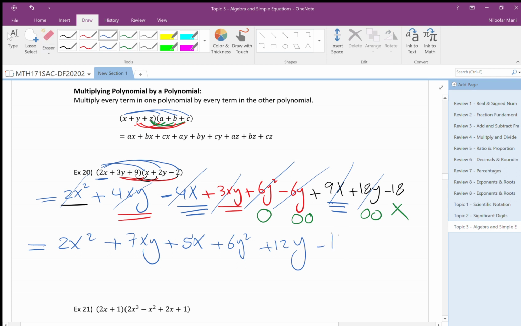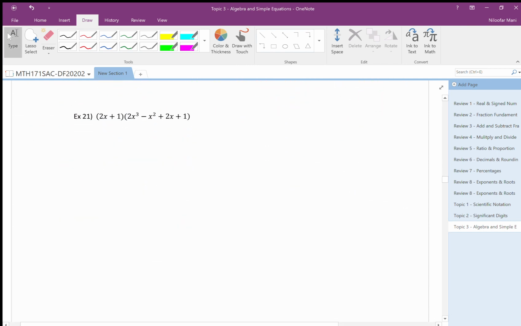So let me make sure I didn't make any mistake. I don't think so, no, it's fine. Okay, so now you continue here. The same: you start from the first bracket, you go to the first term inside the first bracket, you multiply that term with each inside the second bracket, then you go to the next term inside the first bracket.